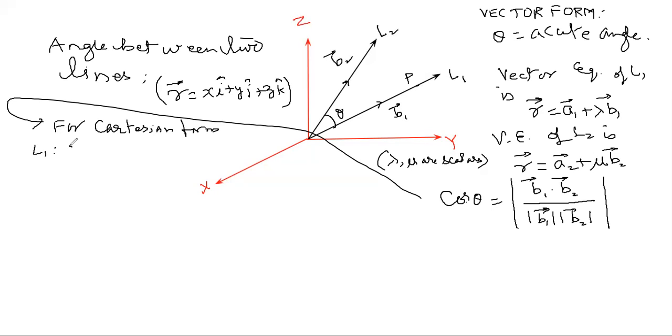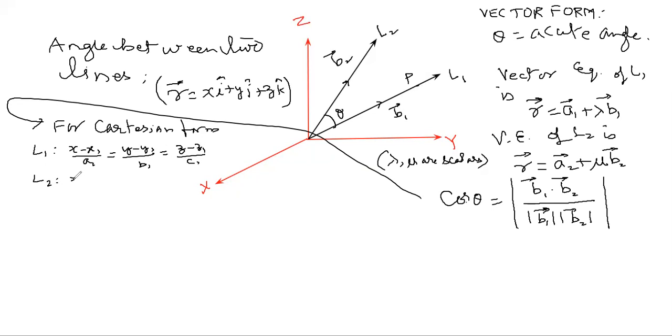Line 1 will be given as x minus x1 upon a1 equals y minus y1 upon b1 equals z minus z1 upon c1, where a1, b1, c1 are the DRs of line 1.